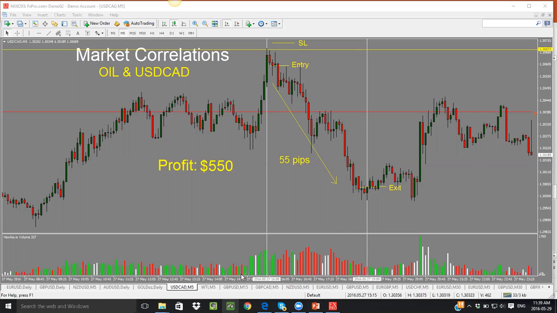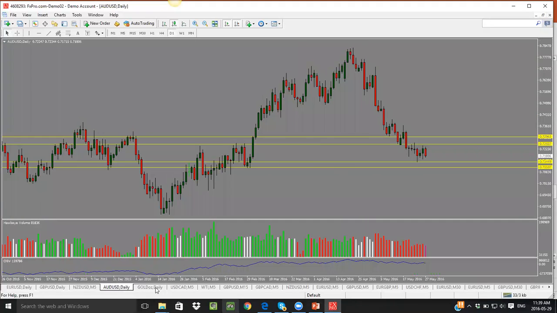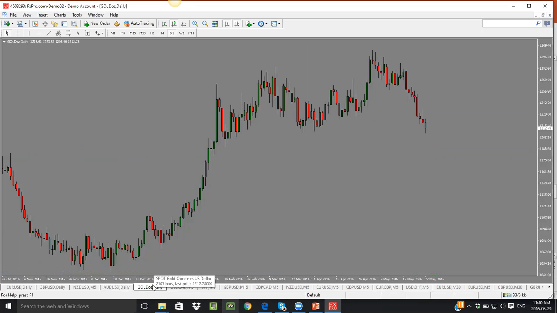The other relationship I want to talk about is the Australian dollar and gold. Like we discussed before, when gold goes up, the Australian dollar will go up. As we can see here, November, December, the 31st, then in January gold started going up.